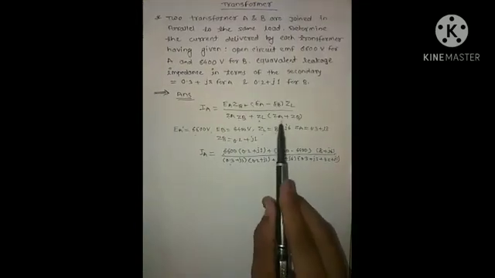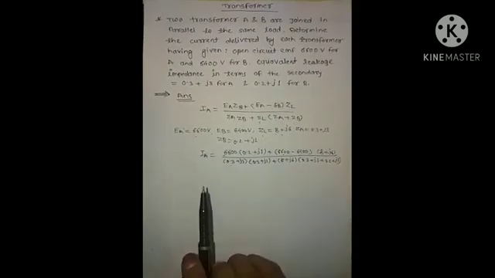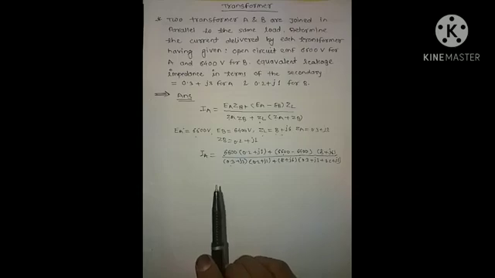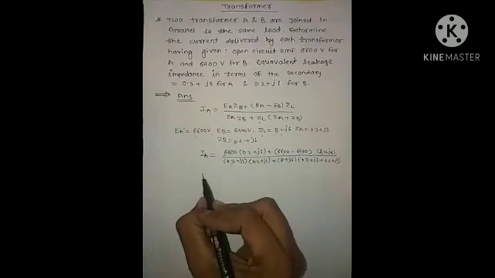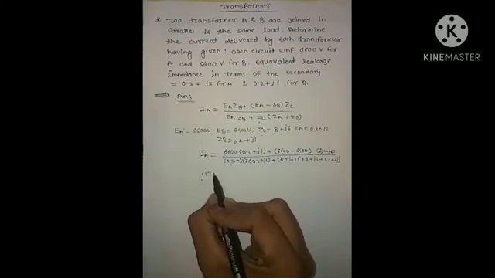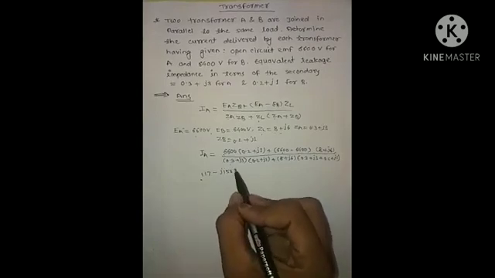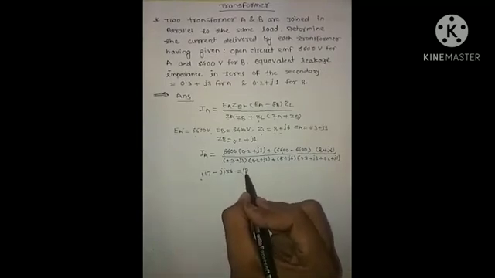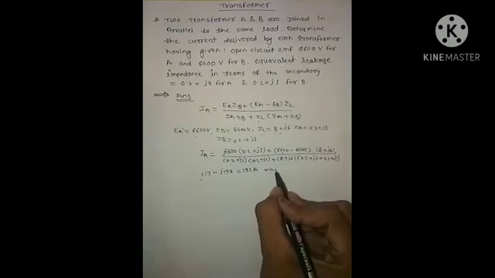Solving this, we get 117 minus j156, which is 195 ampere in magnitude.